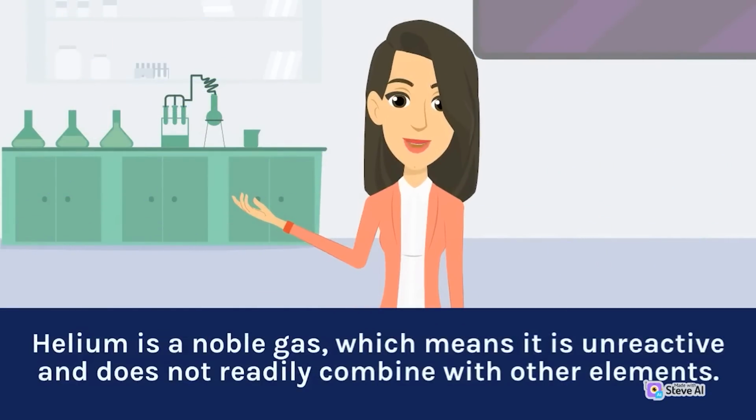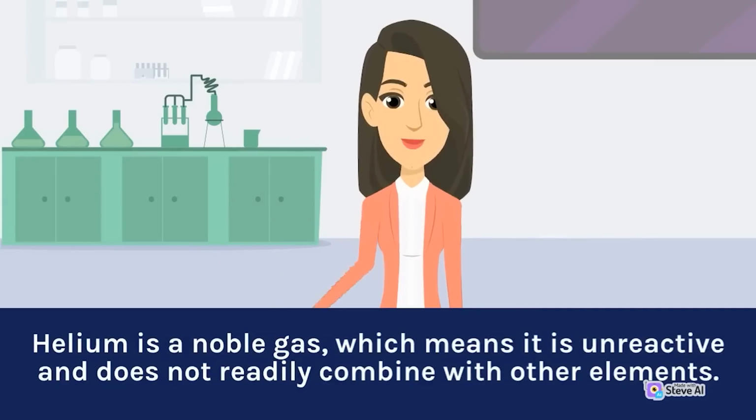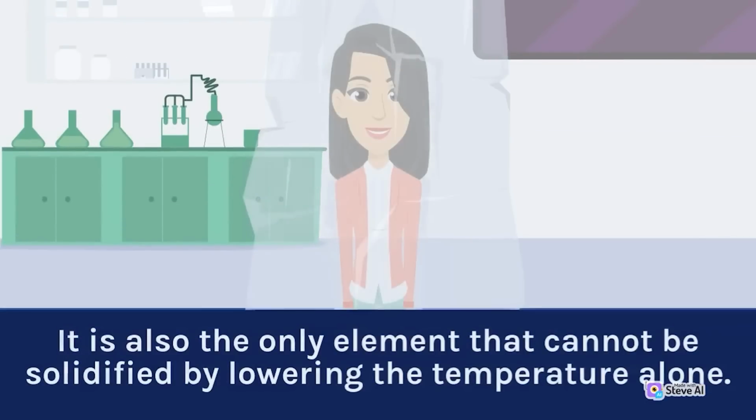Helium is a noble gas, which means it is unreactive and does not readily combine with other elements. It is also the only element that cannot be solidified by lowering the temperature alone.